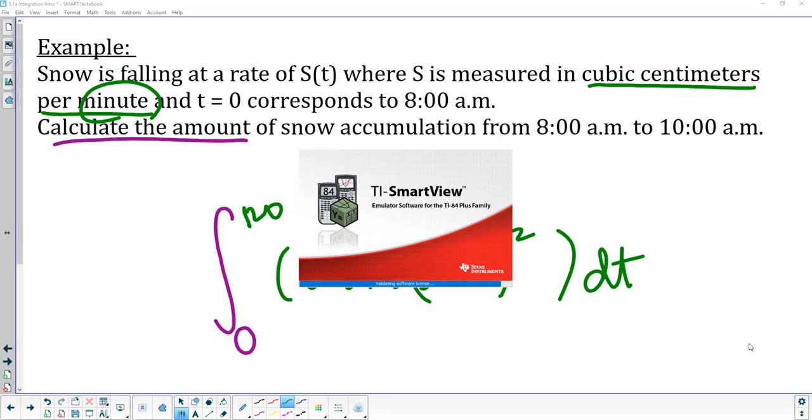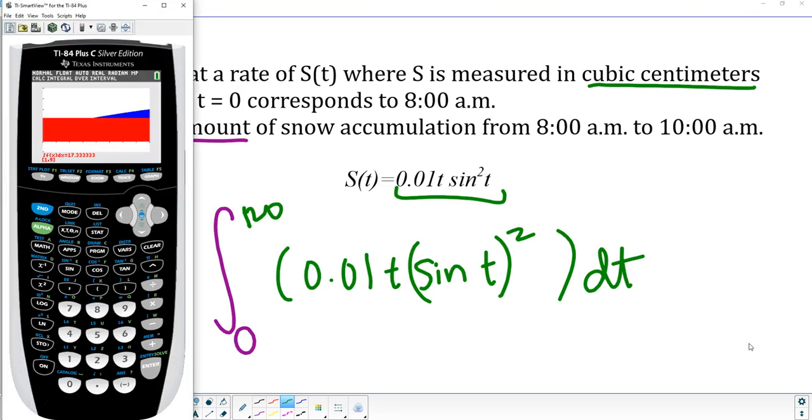Do you remember what command you used to get derivatives on the 84? Math 8. So maybe not surprisingly, we're going to use math 9. So math, and then you can see function integral there for 9. Math 9.